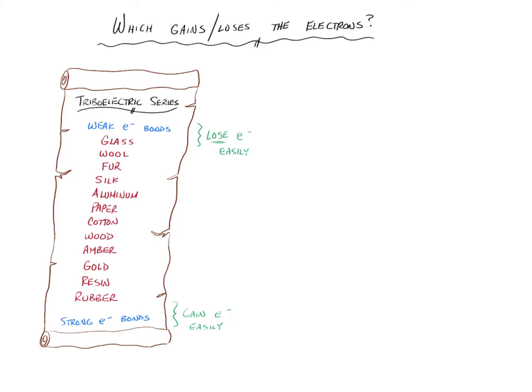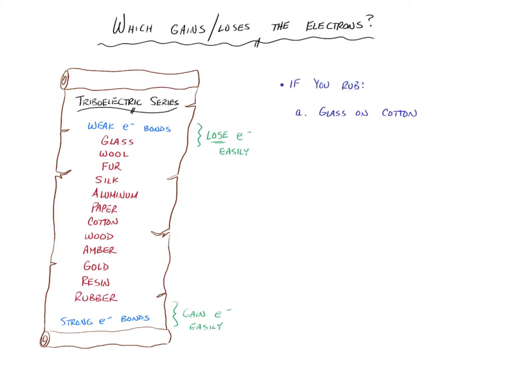So if I take two objects and I rub them together, they're fighting one another for the electrons, but the material that forms stronger bonds, which in this case would be those materials at the bottom of the list, those are going to rip the electrons away from materials higher up on the list because they lose their electrons more easily because they form weaker bonds with those electrons.